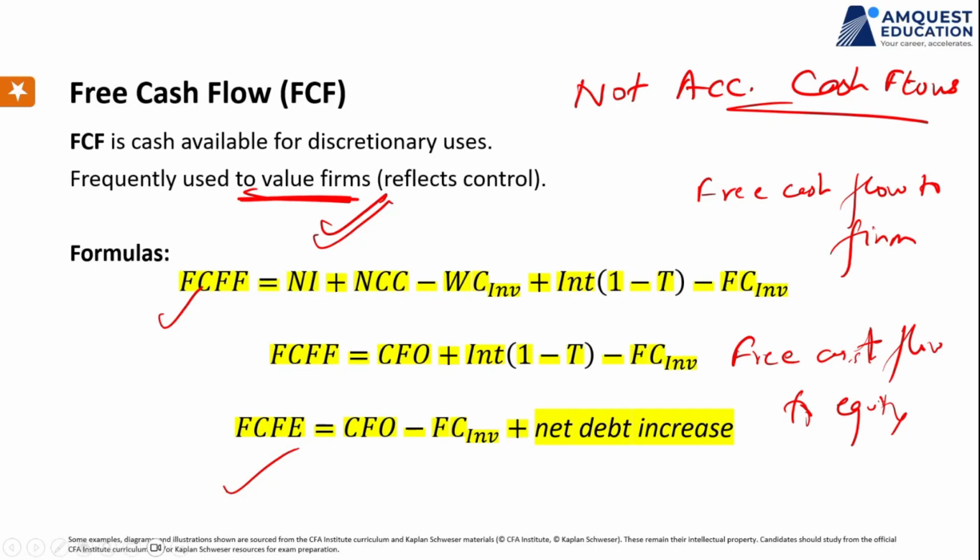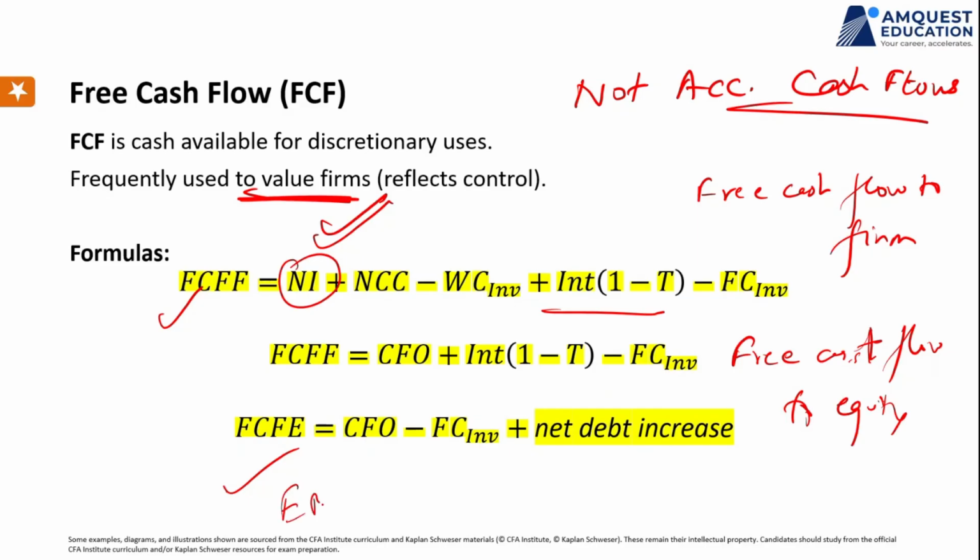So if you're looking at FCFF and FCFE, you can calculate them based on all the inputs that we have read through: net income, plus non-cash charges, minus working capital investment, which means the increase in working capital, minus fixed capital investment. Now they are doing an adjustment here because they are starting with net income.